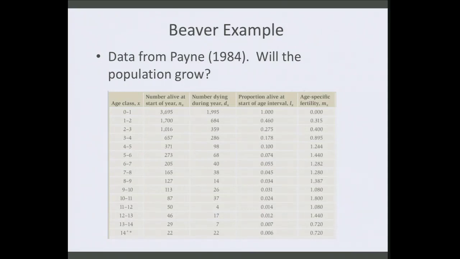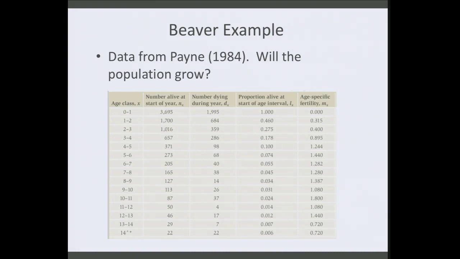So what we can do is for every age class estimate age-specific fertility from our life table data. So here's one from a beaver study that was done in 1984. They started off with 3,695 beavers. They followed them for 14 years, and for every year they calculated the age-specific fertility.